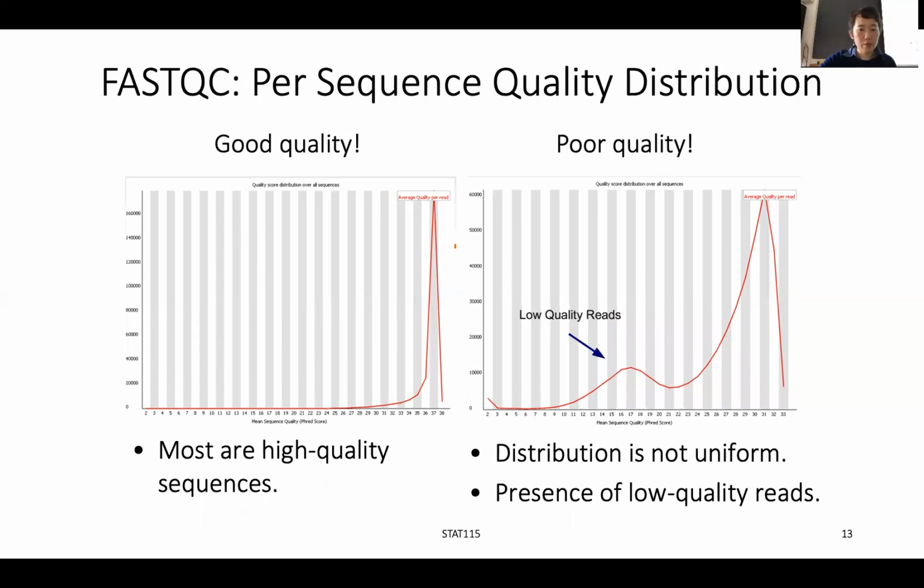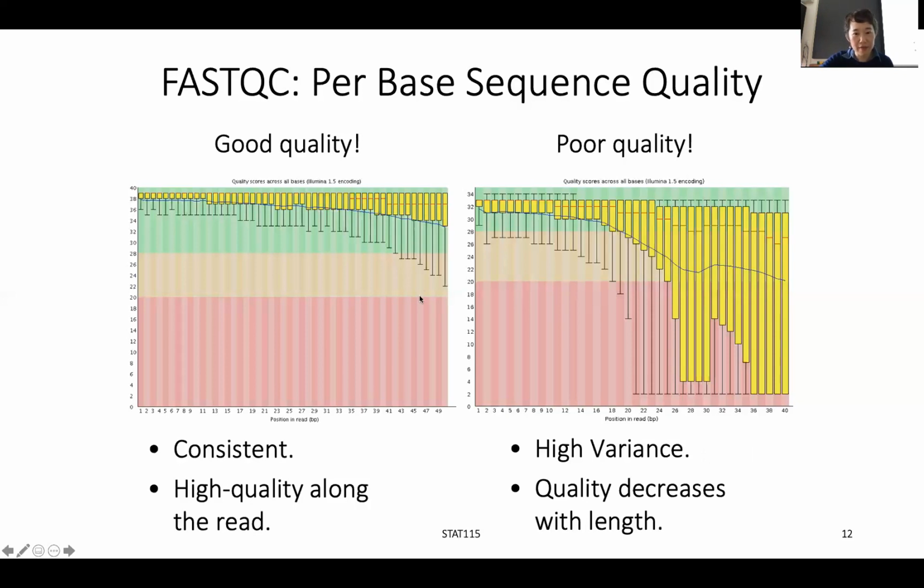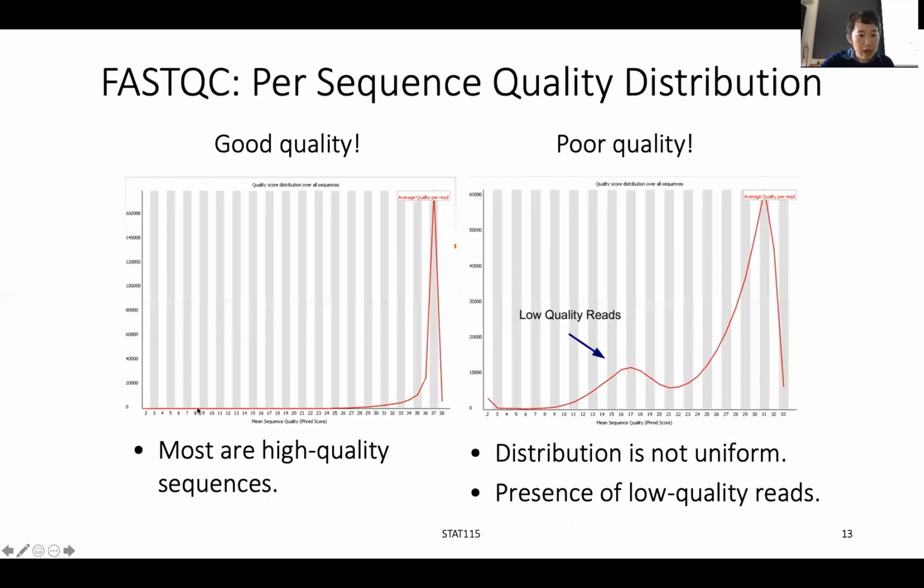Another good readout is, so FastQC has different pages of output. Another output is actually similar to this. It's derived from this figure. You are looking at, for each sequence, because each sequence is very long, they have many, many nucleotides. Every nucleotide has a quality score. What is the median quality score along the read?